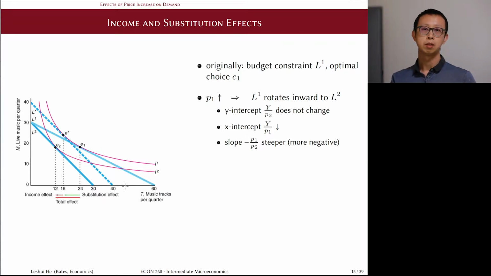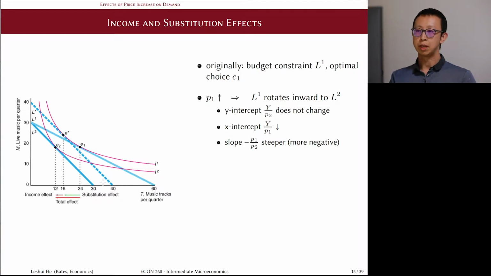On the other hand, the P1 intercept becomes smaller because y remains constant, and it is now divided by a bigger P1. And as a result, the slope becomes steeper, with a greater absolute value of P1 over P2. So the budget constraint now rotates around this hinge of the vertical intercept, and the opportunity set becomes smaller.